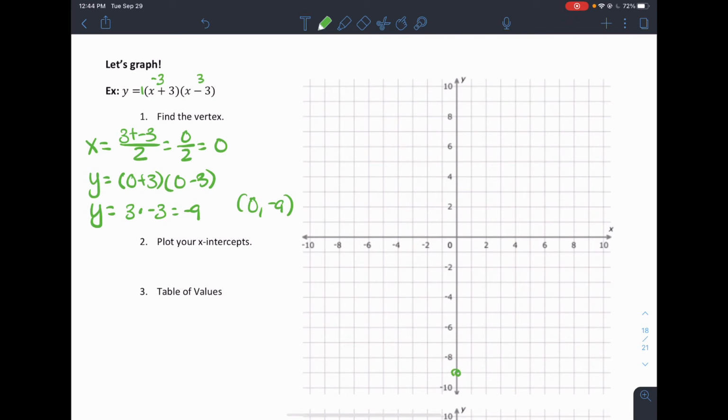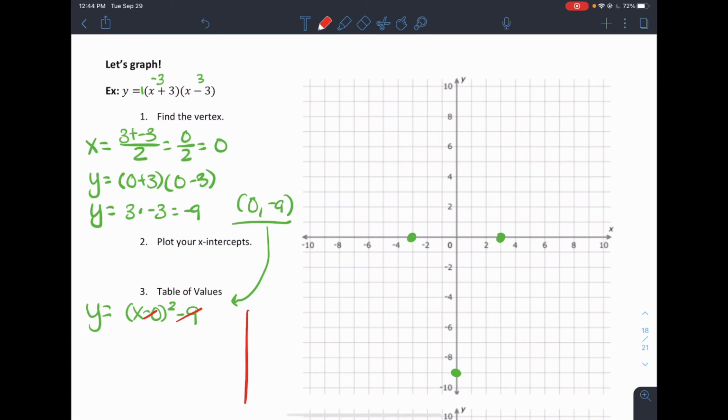I'm going to plot that. Now I can plot my x-intercepts because I know they're at 3 and negative 3. Now, knowing that this is my vertex, that's telling me that my equation is x minus 0 squared minus 9. We went nothing left and right, and we went down 9.